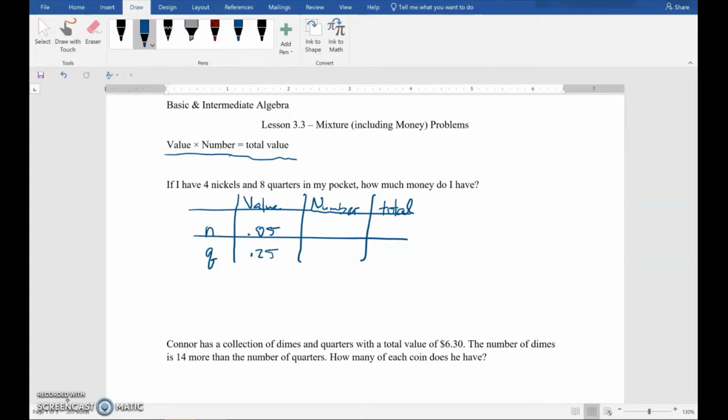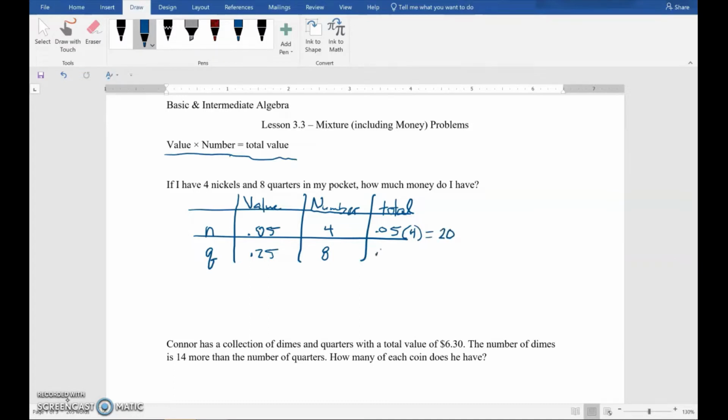Our problem tells us that we have 4 nickels and 8 quarters. How do we figure out the total value of each one? We take our 0.05, and this is where value times the number gives us the total value for the nickels.